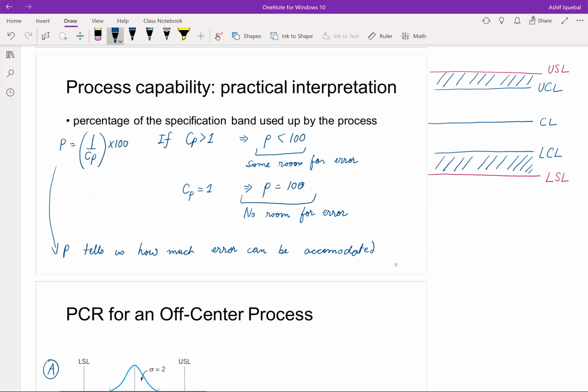All right. And so we always want to make sure here that Cp is greater than 1 or as large as possible. Right. Any questions on this one?